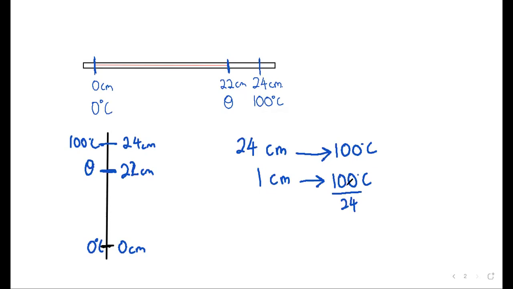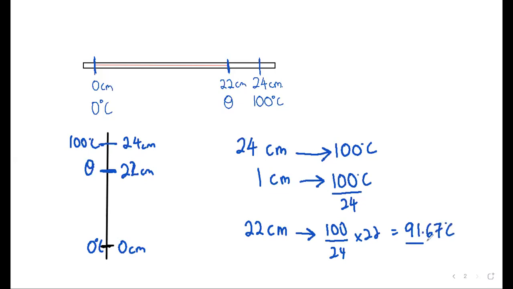Now the expansion is 22 cm, so the temperature recorded should be 100 over 24 times 22. What do we get, Mr. Chu? 91.67. Yep, 91.67 degrees Celsius.